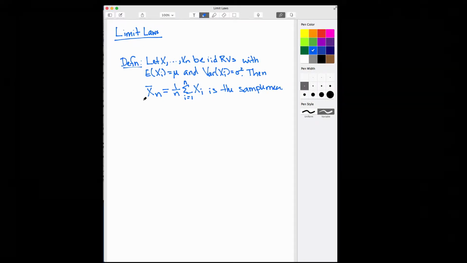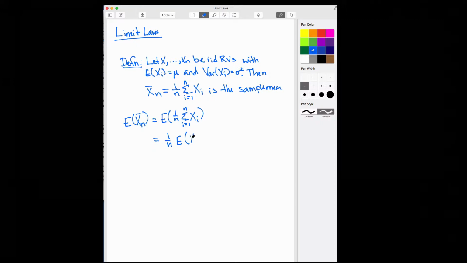Based on our knowledge of expectation and variance, we can easily derive the expectation and variance of x bar as just a simple application. So let's start with the expected value of the sample mean. Well, let's first substitute in the definition. So that's the expected value of 1 over n times the sum from 1 to n of the xi's. And we know that we can rewrite that by pulling out our constant from the expected value.